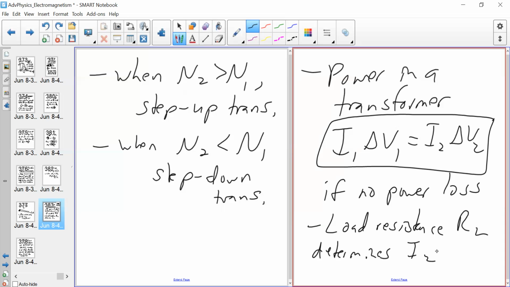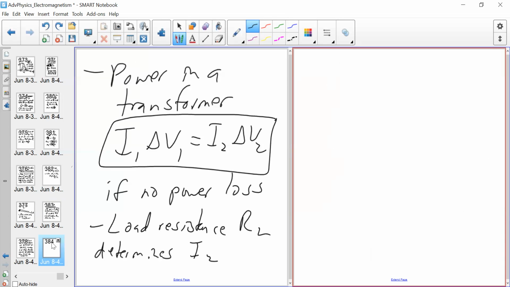RL determines I2. I2 is going to be delta V2 over the load resistance.